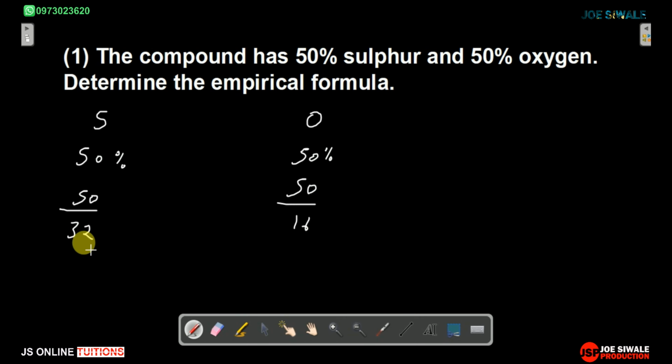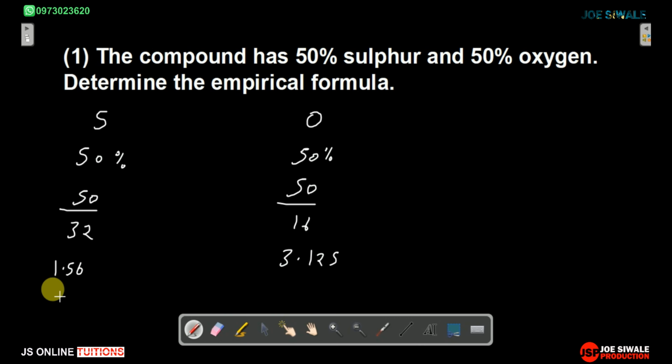So 50 divided by 32, we're going to have 1.56. Then 50 divided by 16, we're going to have 3.125. Then the next step says that the answers that we find, we're going to divide them by the smallest number. The smallest number there is 1.56.